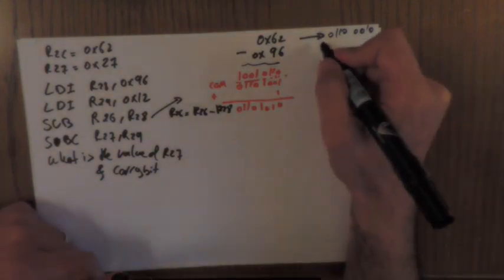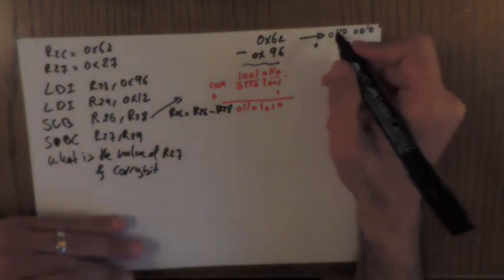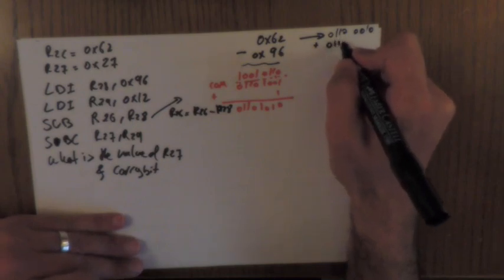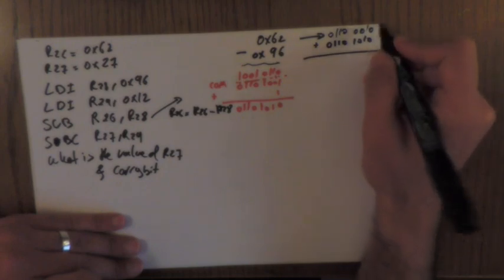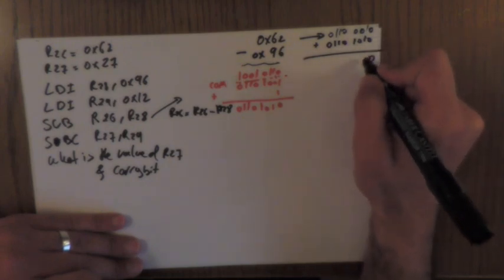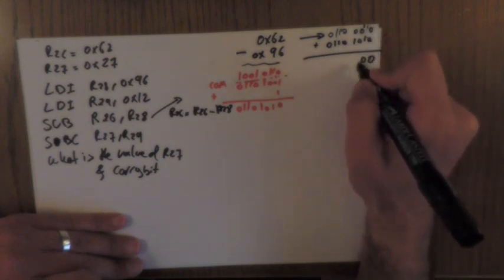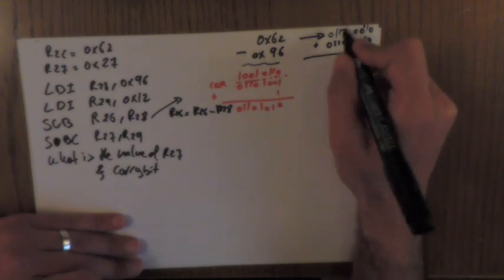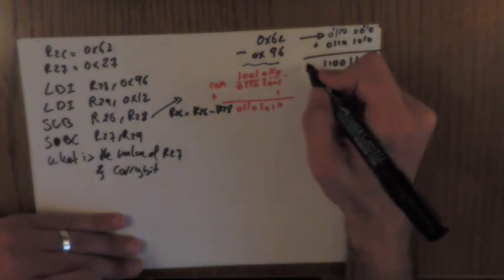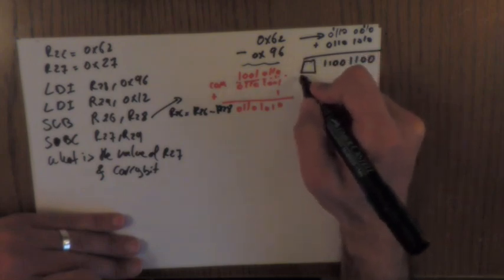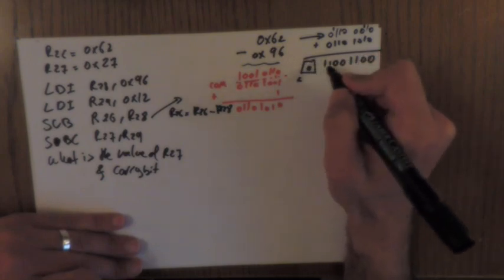Now we can add the values. If we do the addition, this will be 0, have 1 here, 1, 0 1 1. Okay, so here notice that the carry in my operation is 0.